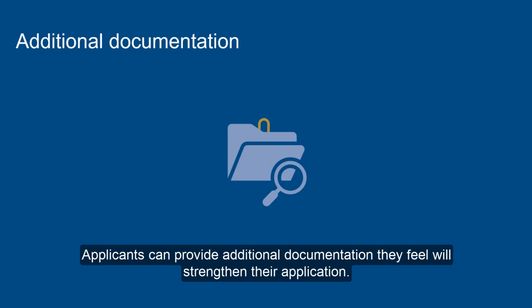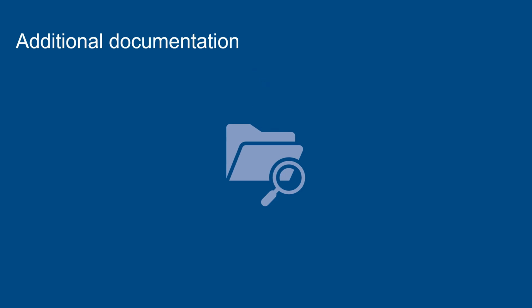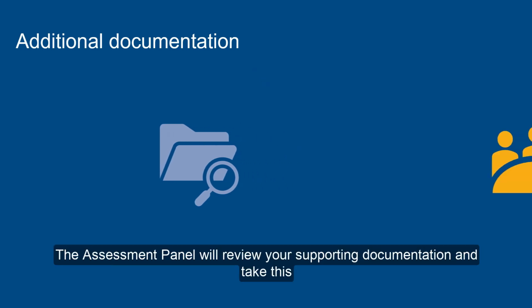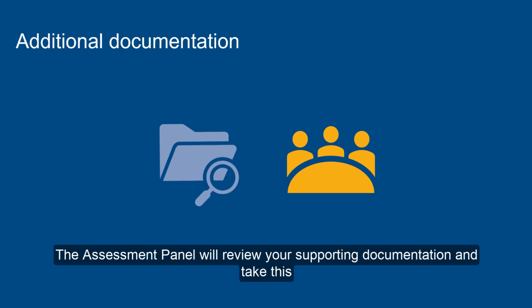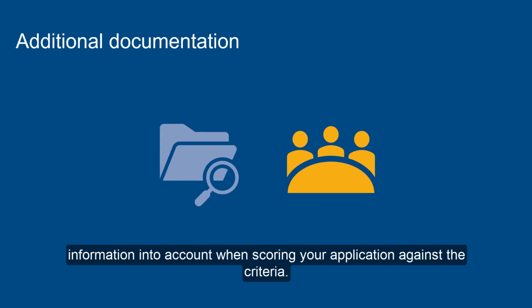Applicants can provide additional documentation they feel will strengthen their application. The assessment panel will review your supporting documentation and take this information into account when scoring your application against the criteria.